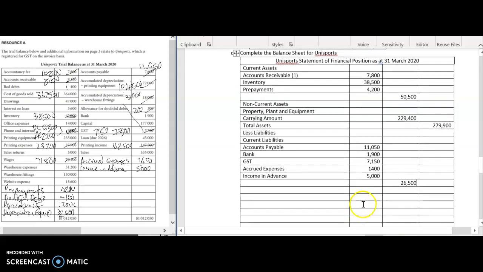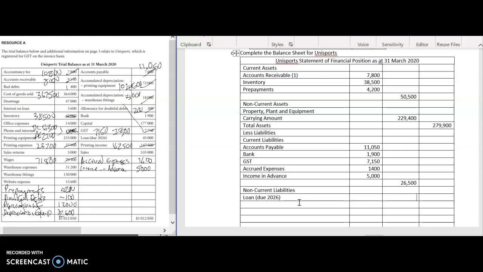Good, and then we're just after our non-current liabilities. Normally there is only just one of those, and that's just our loan. Because the full title's here, we write our full title down here. 2026.